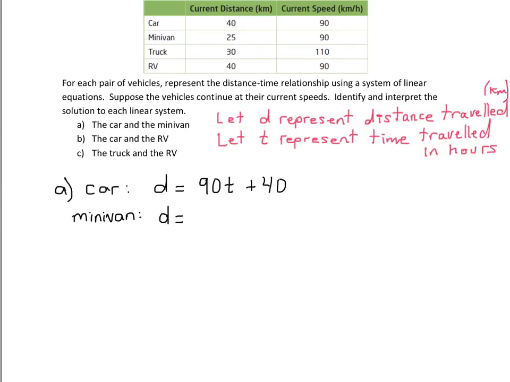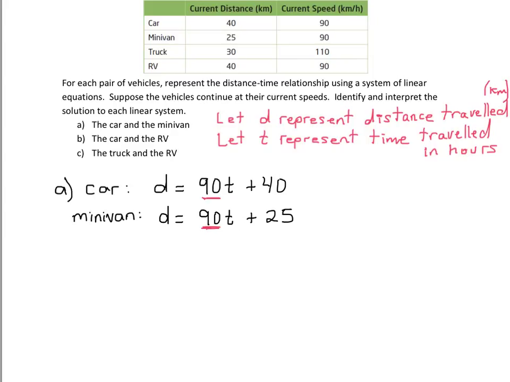Similarly, for the minivan, the distance is 90 times t, because it's also traveling at 90 kilometers per hour, plus the 25 kilometers that it already had gone.